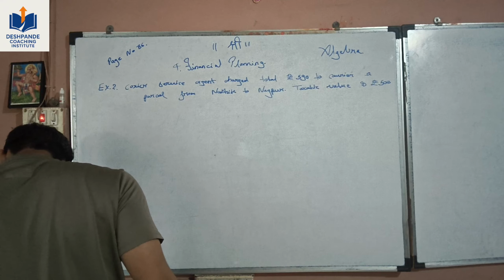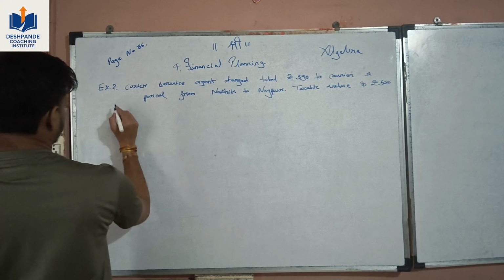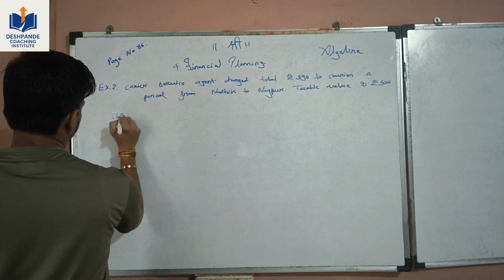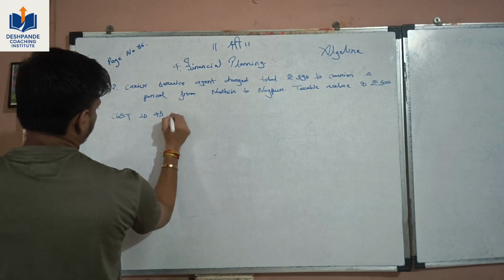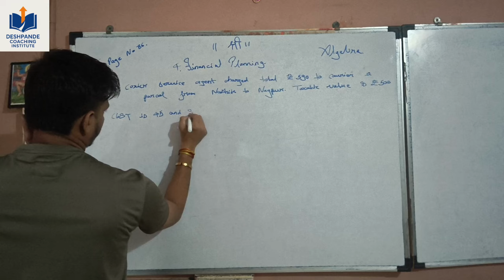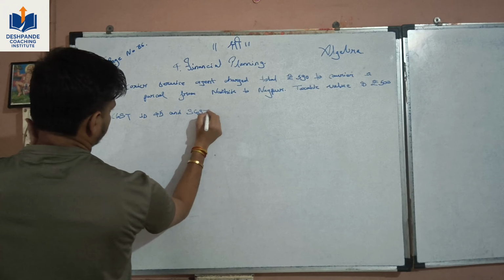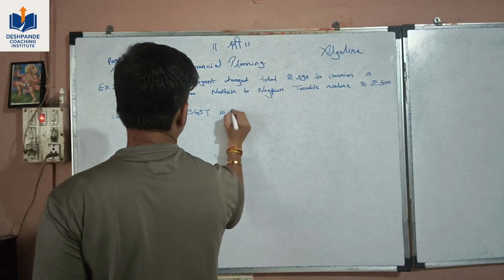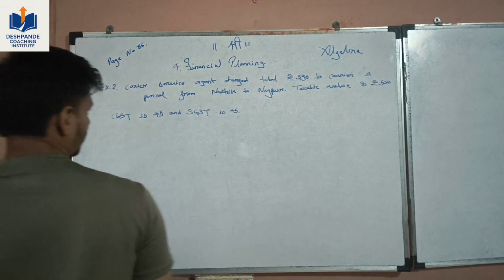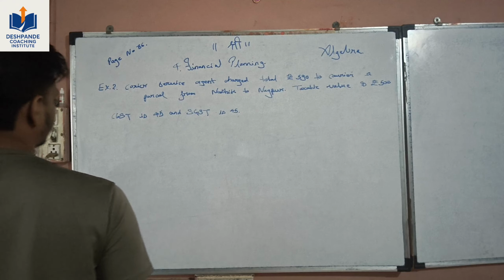CGST and SGST is rupees 45. CGST is 45 and SGST is 45. So firstly, what is CGST and what is SGST?